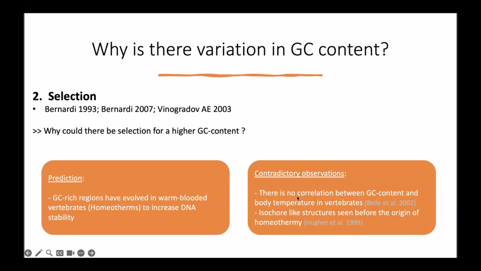Firstly, no correlation was found between the GC content and the body temperature in the vertebrates. And secondly, isochore-like structures. When I say isochore-like, I mean the GC content variation at large scales. This kind of structure has been seen way before the origin of homeothermy.